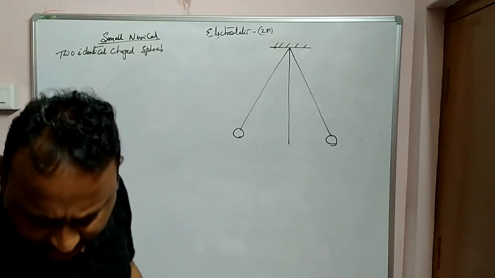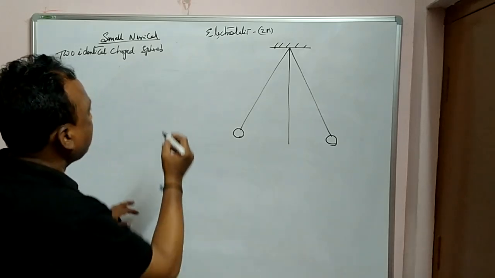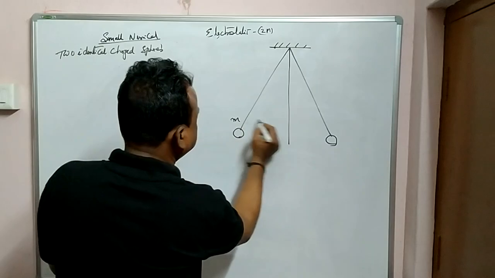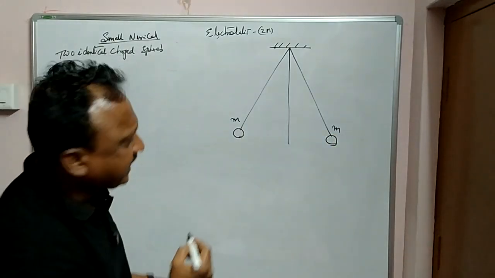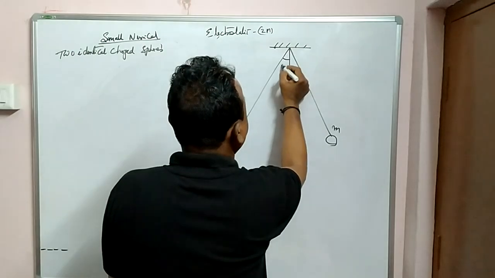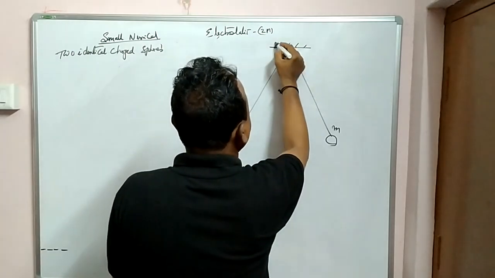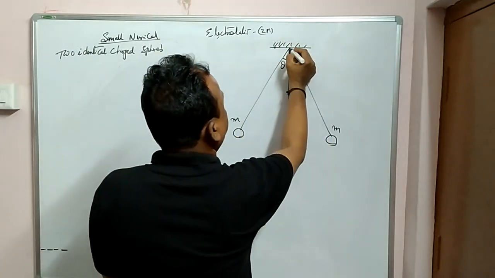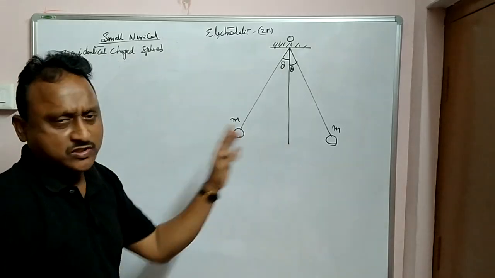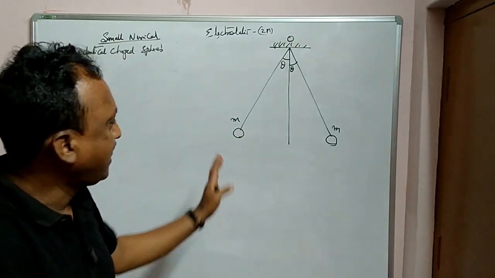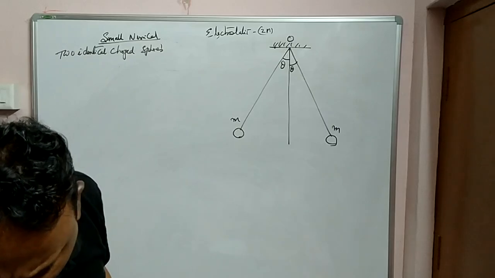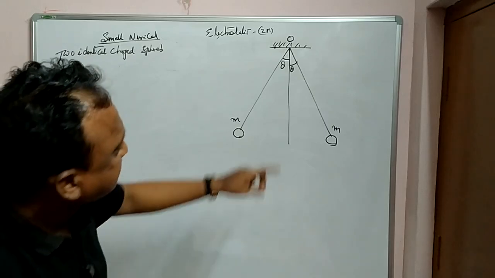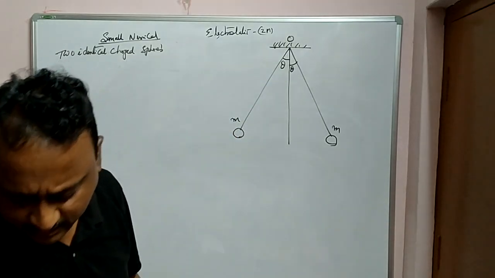They are making an angle theta with the vertical. This is some point O. These two spheres are identical, means same mass, and then charged. And now what it is saying is, it is making an angle theta with the vertical.